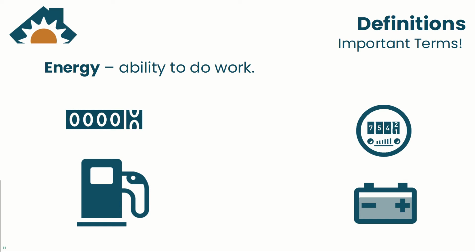Energy is the ability to do work. To continue our car analogy, this is our fuel or fuel tank. Batteries are a form of storing energy, like a fuel tank. And similar to how an odometer can track approximately how much fuel or energy you have burned, using the car's known fuel economy and the total miles traveled, an electrical meter can also track how much energy we have consumed over time, or sold back to the grid, but more on this later.